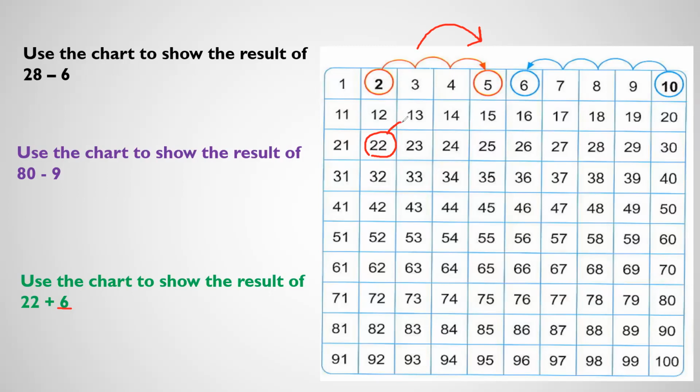Let's start jumping. 1, 2, 3, 4, 5, and 6. So we will stop on 28. It means that 22 plus 6 equals 28. So remember, when we want to make addition or plus, we are going to move forward. If we want to make subtraction or minus, we are going to go backward, return back.